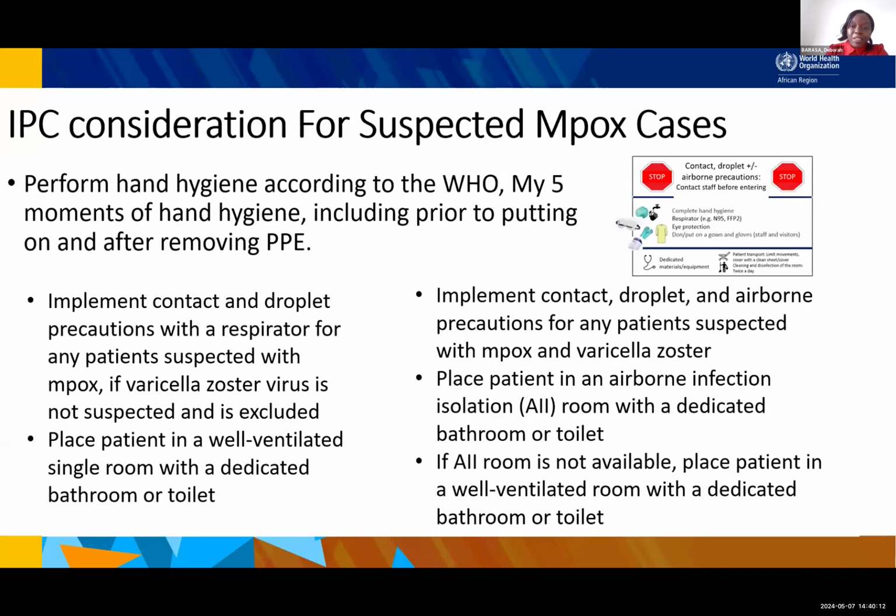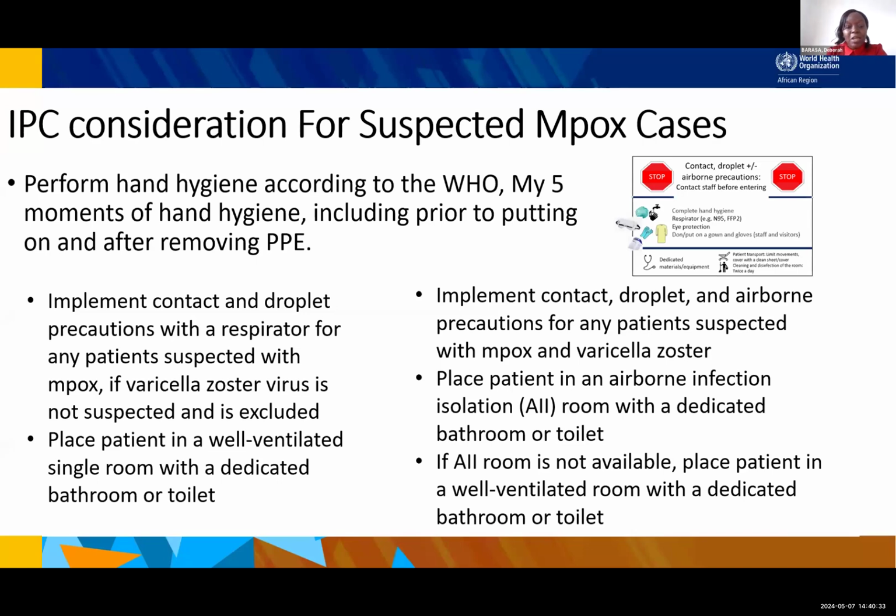So for suspected monkeypox cases, health workers should observe the 5 moments of hand hygiene and implement contact and droplet precaution. Use a respirator whenever there is a suspected monkeypox with varicella co-infection.